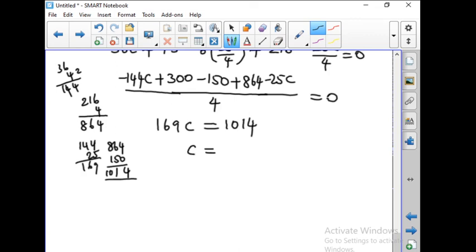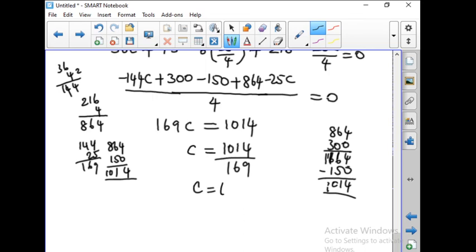So c equals 1014 divided by 169. So your answer will be c equals 6. So we got the answer for c.